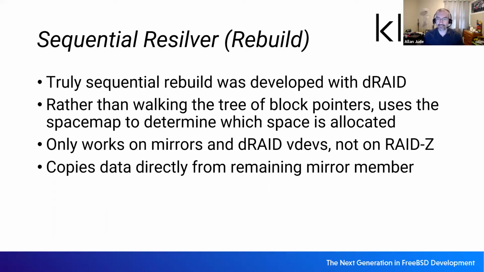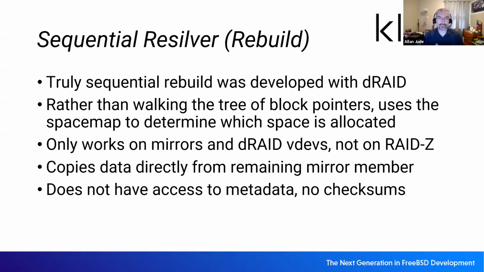So after you've done this, you've basically copied all the data from the one mirror to the second mirror. Unlike a regular resilver, you've not actually verified the checksums of all of that data. Now, in the case of a mirror where you only had one other disk, that's not really a big deal because you wouldn't have anywhere else to regenerate the data from if the copy on the remaining mirror was damaged anyway.